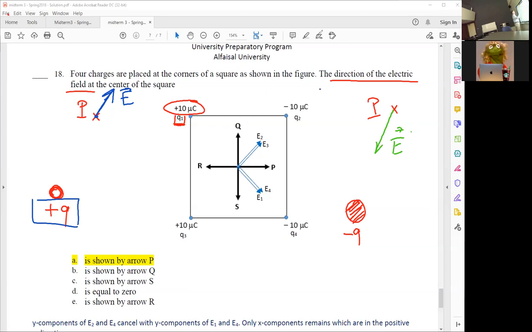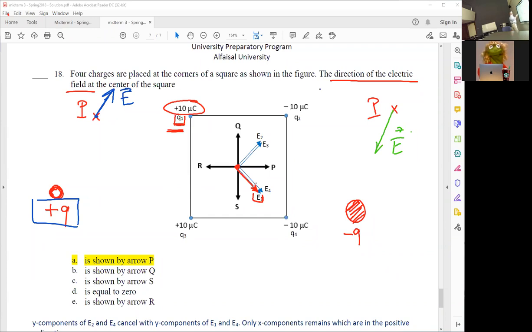Now let's start with Q1, like we said. Starting with Q1, at point P, or at the center of the square, the electric field due to charge Q1 will be this electric field E1. See E1? That's my electric field caused by charge 1, and it's going outward away from charge 1. I hope it's clear to everyone.